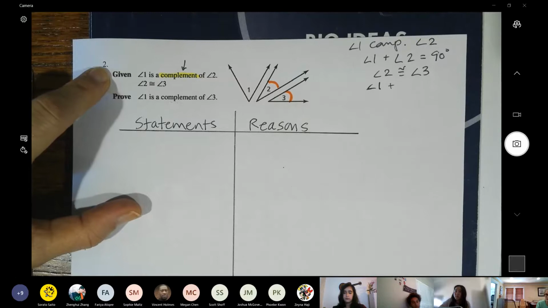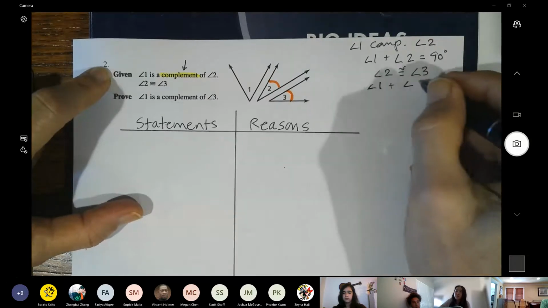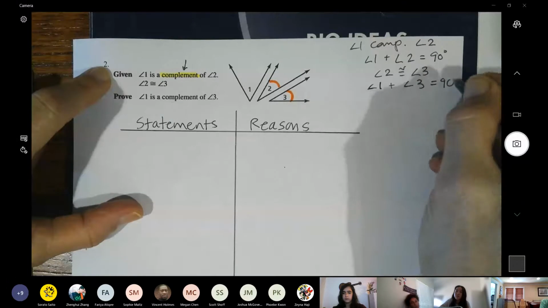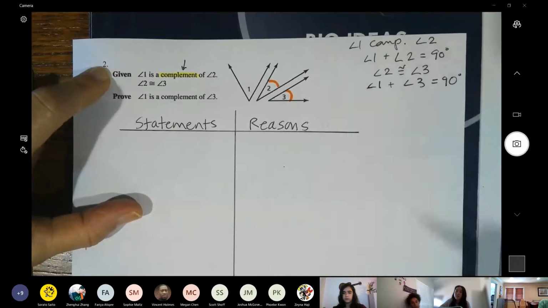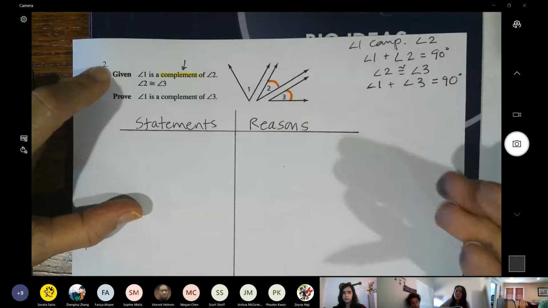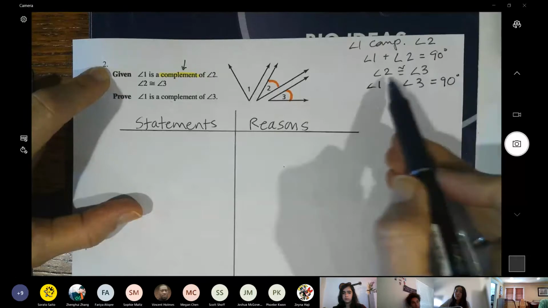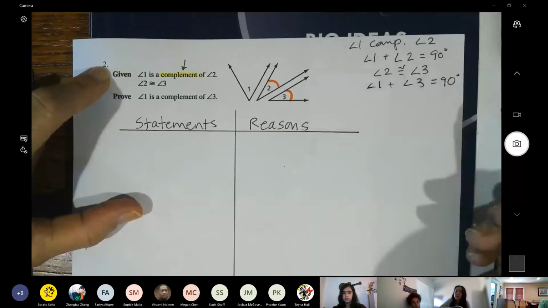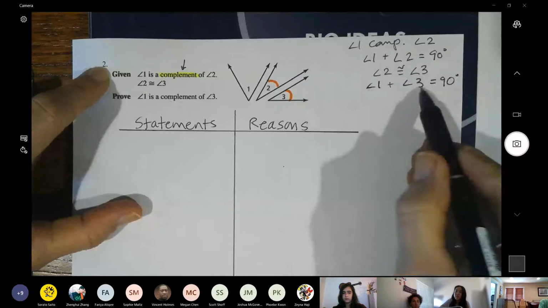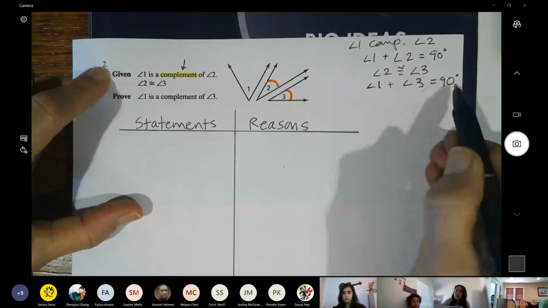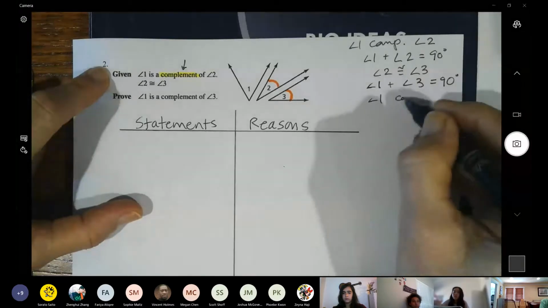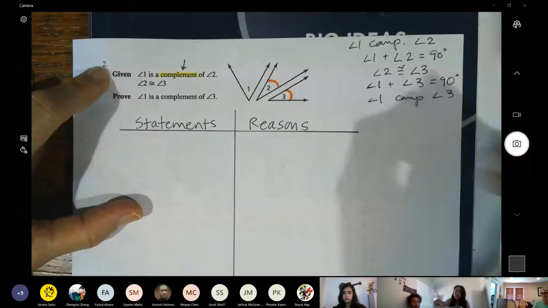If you knew that x was equal to 5, what could you do with 5 when you saw an x? Angle 1 plus angle 3. You see how you can do that? You can sort of substitute them because 2 is equal to 3. So if 2 is equal to 3, then you can just replace it. And now look, I have angle 1 plus angle 3 equals 90. What does that mean? That means that angle 1 is complementary to angle 3.